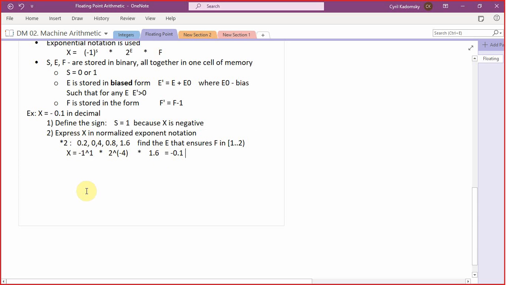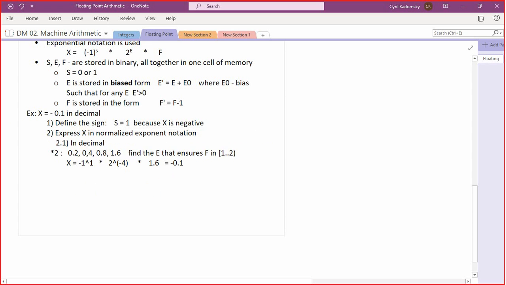Actually, I showed you how it works in decimal, and we had to do the search. We had to manually choose the exponent. That is quite a long, quite hard process. We can do this way more easily in binary, actually. So 2.1, we can do this in decimal, like we have done.